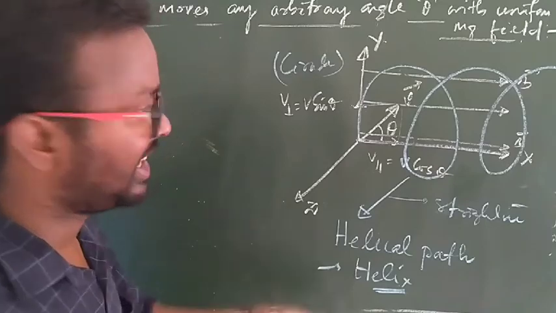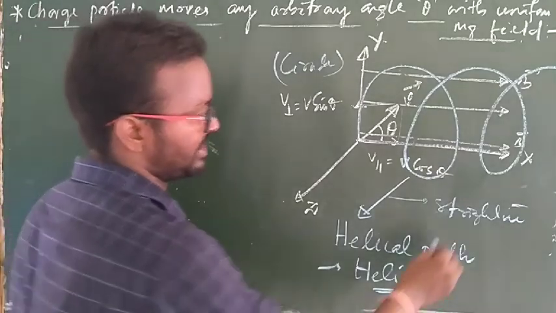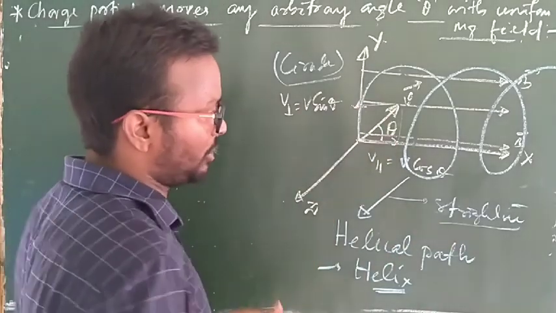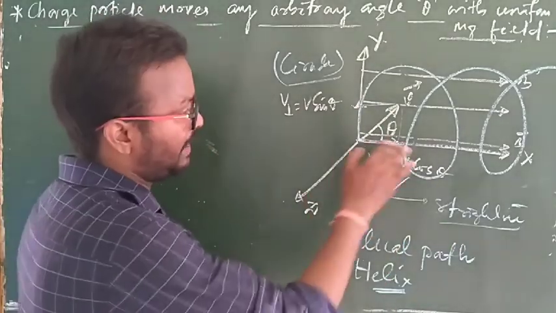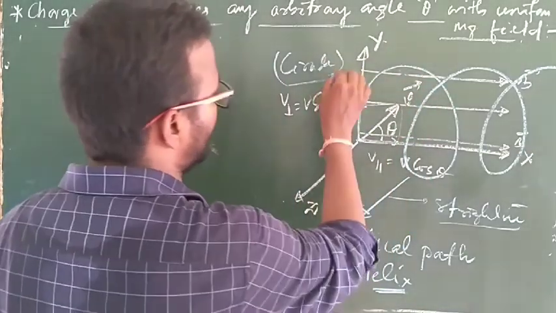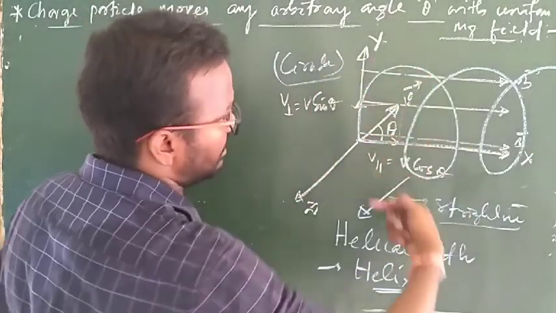Clear? So what is a helix? A helix is the combination of straight line and circular motion. If there is only one component, the parallel component, then the path of the charged particle is a straight line. If there is only the perpendicular component, the path is circular.